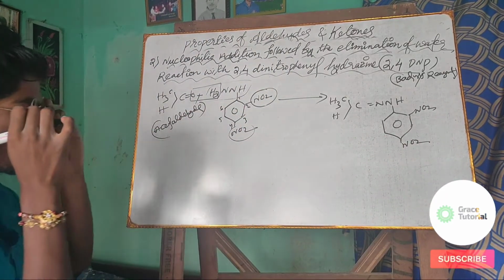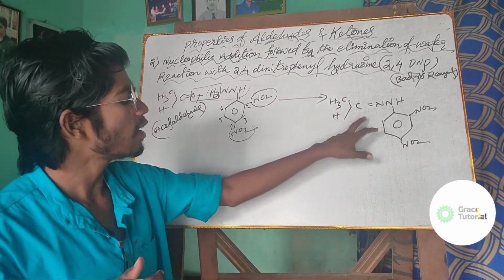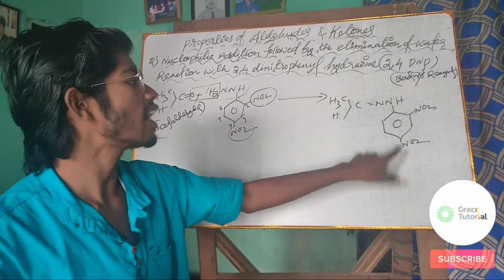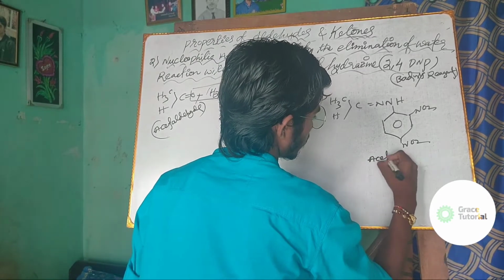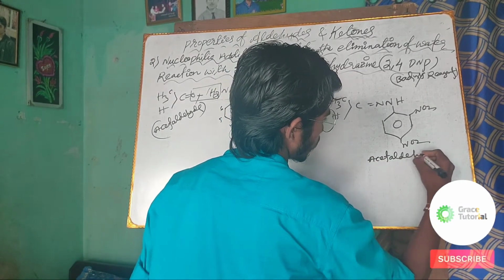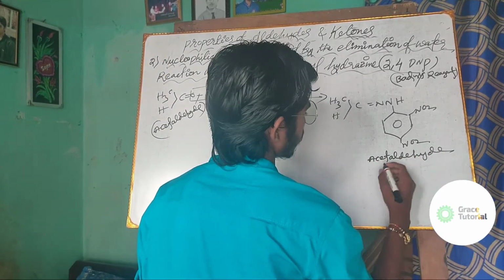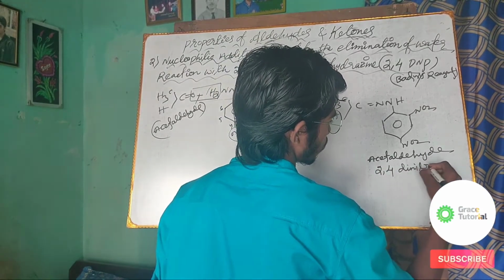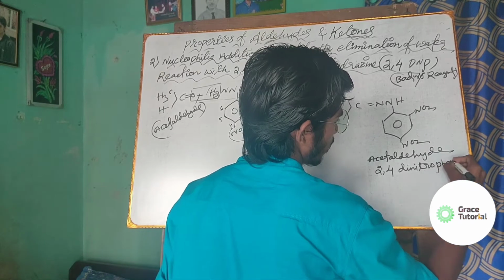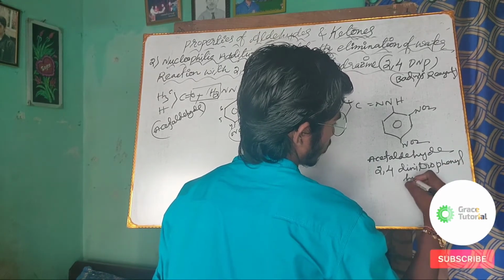That means here 2,4-dinitrophenyl acetaldehyde, 2,4-dinitrophenylhydrazone is obtained. Acetaldehyde 2,4-dinitrophenylhydrazone.